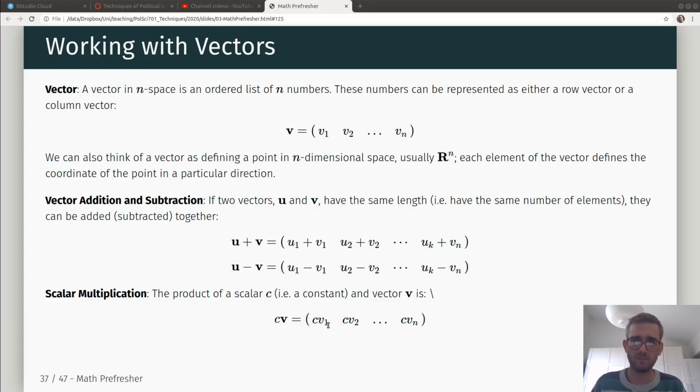So the result will still be a vector, but each individual element of that vector will be multiplied by C. Intuitively, all these rules make sense, and we've already seen them as we were working in R with vectors, but it's important to have a good grasp of these underlying concepts.